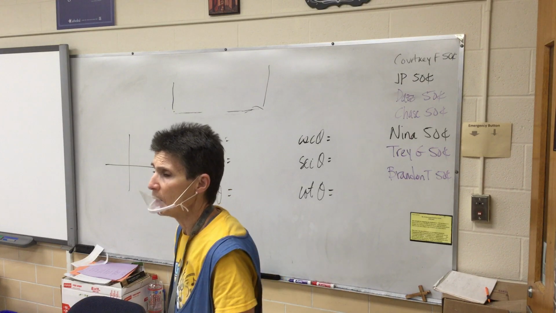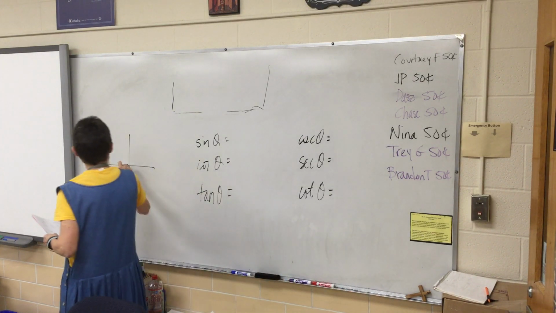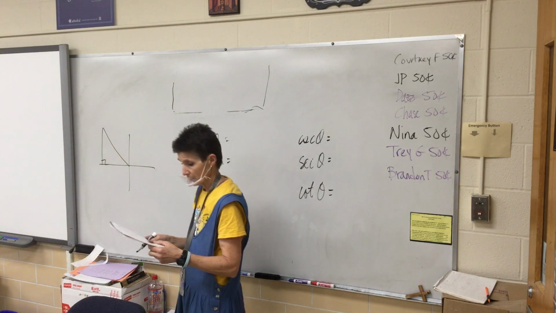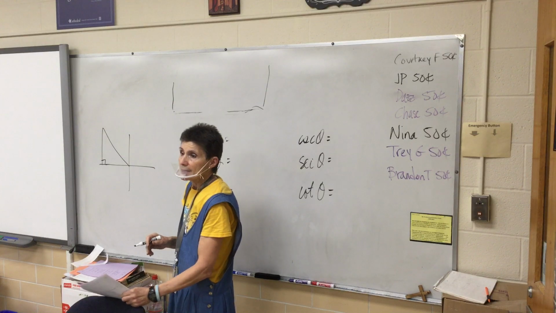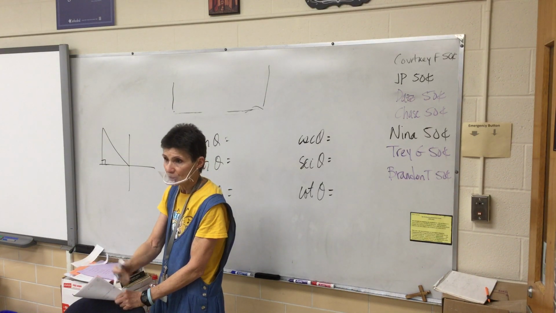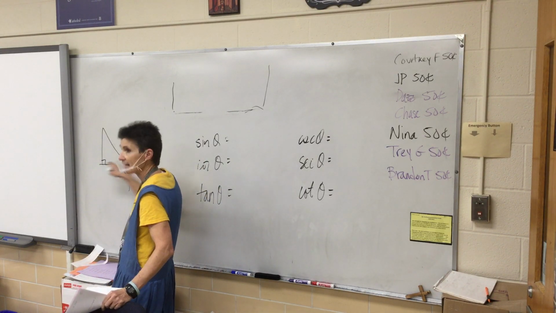Problem C, last one. This one is in quadrant 2. So I will draw my triangle in quadrant 2. Even if the picture weren't there, I would know it's quadrant 2 because the x is negative. This is the x-axis.